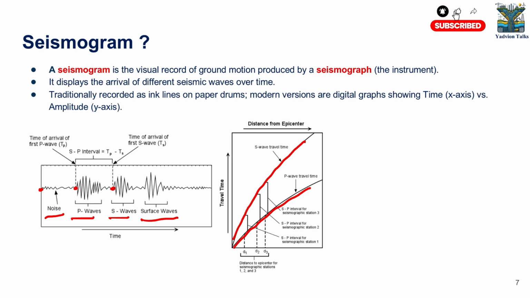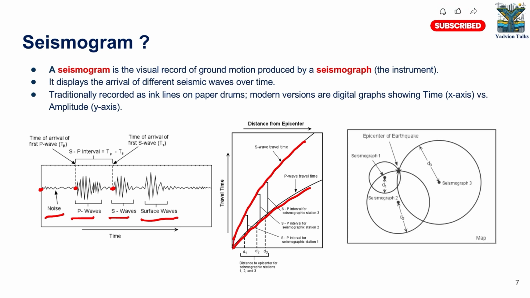Now each and every time we can depict d1, d2, d3. This is the distance to the epicenter, right? Now here we are going to see how we calculate the epicenter of the earthquake. This is the center of seismogram 1, this is d1, and around it we place a circle. This is the second seismogram, d2, and we place a circle around d2.